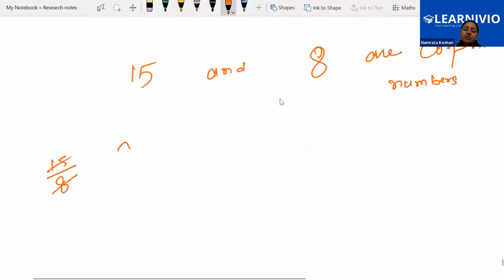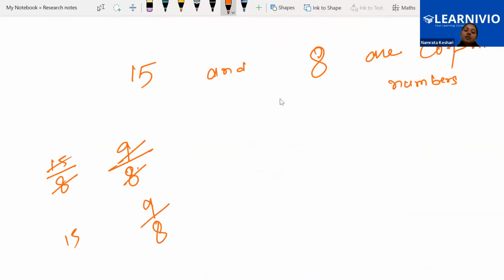If that is in fractional form, 9 by 8 or 8 by 9, we won't be able to reduce it to the lowest term, because there is no common number which can divide 9 as well as 8. So 9 by 8 will be as it is. 15 by 8, we won't be able to reduce this fraction to its lowest term. Already it is in its lowest term.